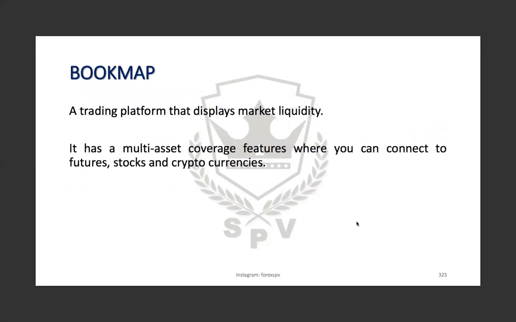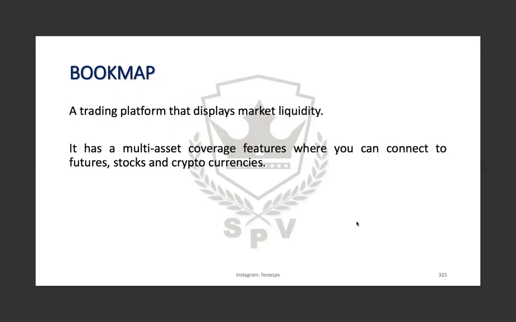The book map is the one that you sent me. I've gone through it, and it's a trading platform that displays market liquidity. So you can basically see the number of sellers, the number of buyers, you can see the increment, the decrement, and how these orders are matched.